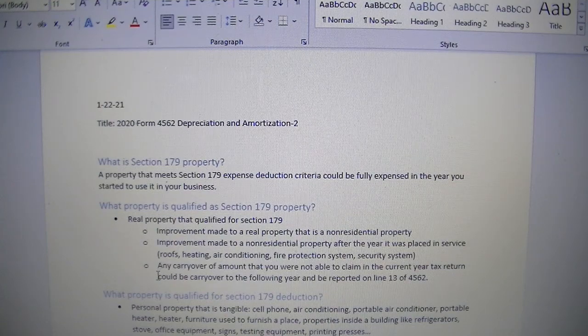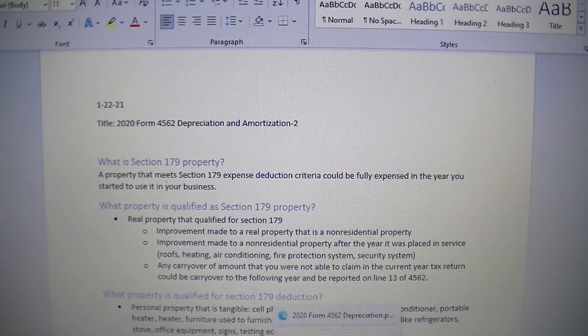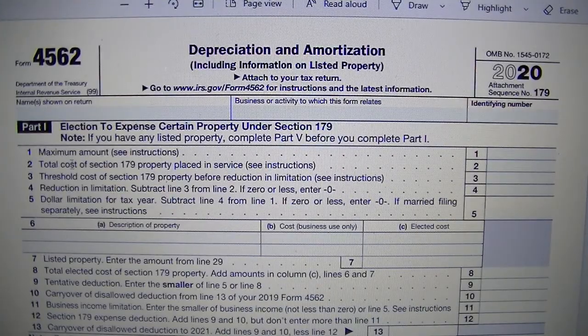So when you purchase an asset and you place it in your business, for that first year, you could claim the full cost on your Form 4562 by electing Section 179 deduction. And that is part 1 of Form 4562.